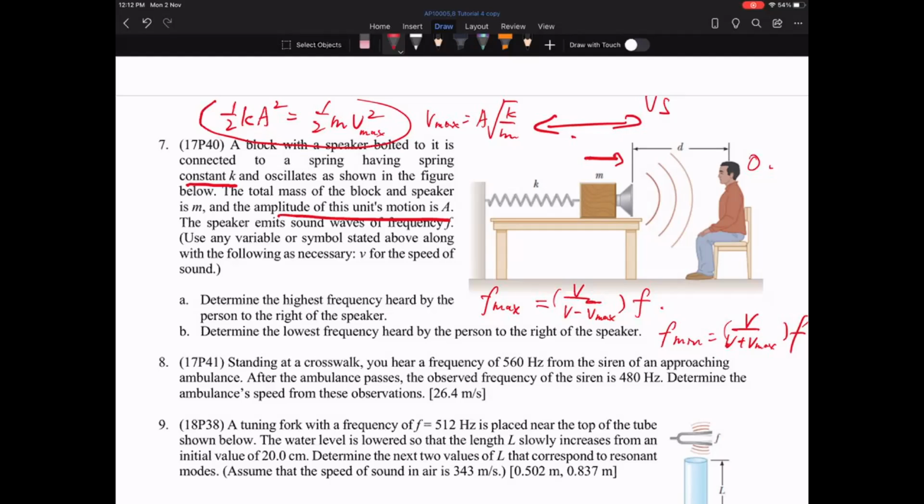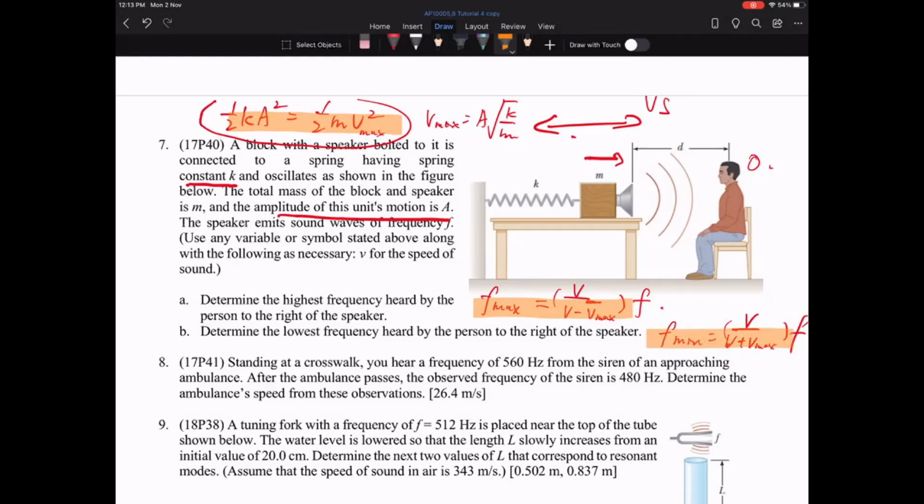Then you decide what is the maximum velocity of the loudspeaker by considering the energy conservation. So that is the equation at the top. Once you know the maximum speed of the loudspeaker, you could determine the maximum frequency to be detected by the observer and the minimum frequency.